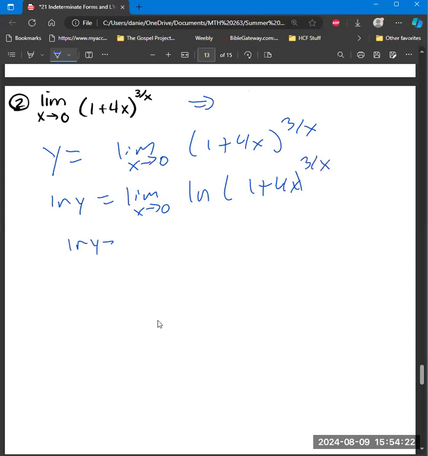So ln y equals the limit as x goes to 0. And I'm just going to say here that this is going to go to, again, some type of infinity times 0. So I'm going to write this way.